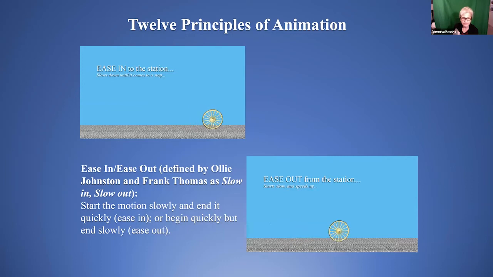Okay, so you ease in and you slow down as you're coming to a stop. You ease out and you speed up as you start going. So ease in and ease out was called by Ollie Johnston and Frank Thomas slow in and slow out. It's the same idea.